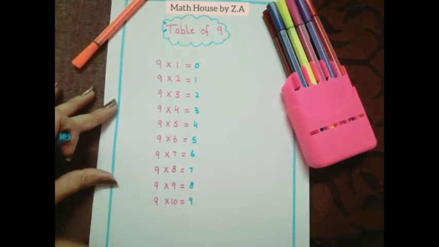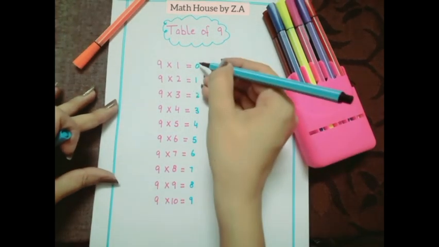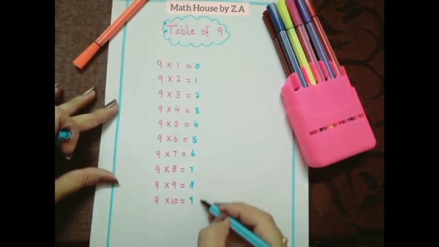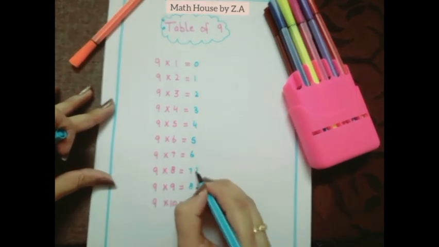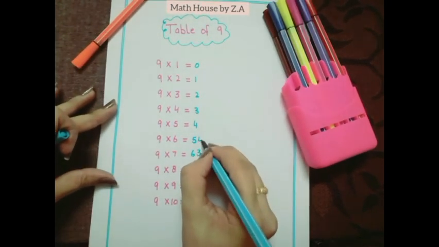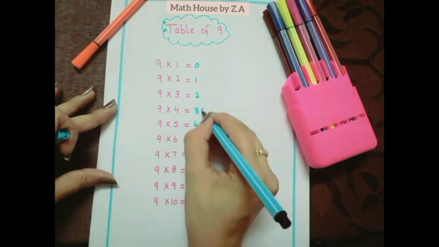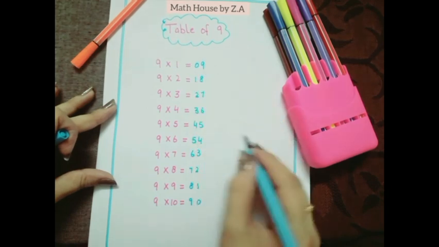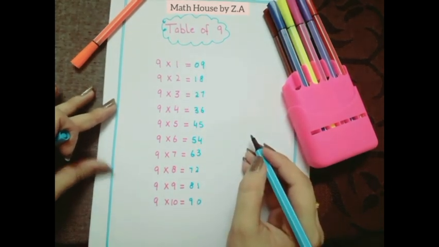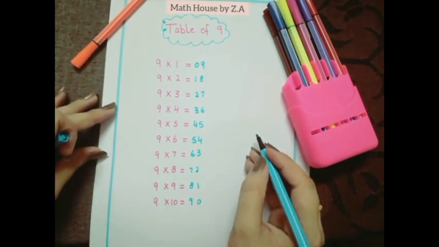So now you will repeat the same numbers from bottom to upward. So writing here 0, 1, 2, 3, 4, 5, 6, 7, 8 and 9. That's it. This is the table of 9.